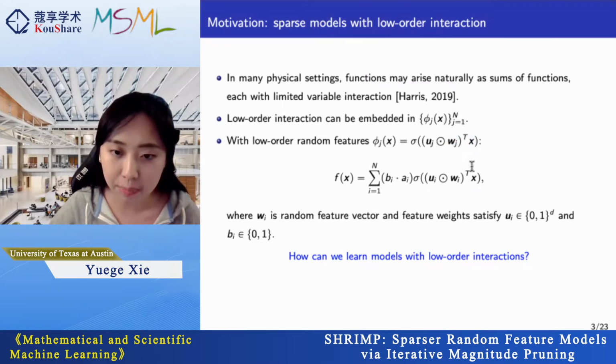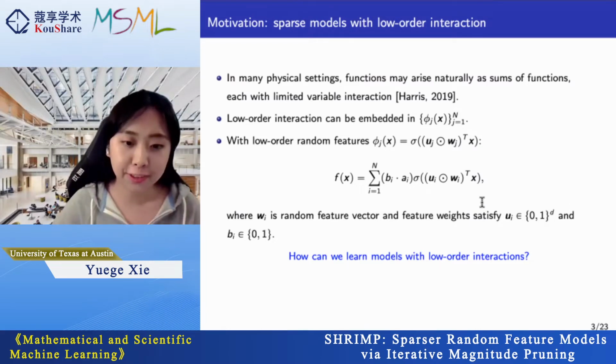Here mu_j can represent the low order interaction with the full w_j, and our mu entries will satisfy that they equal either 0 or 1.